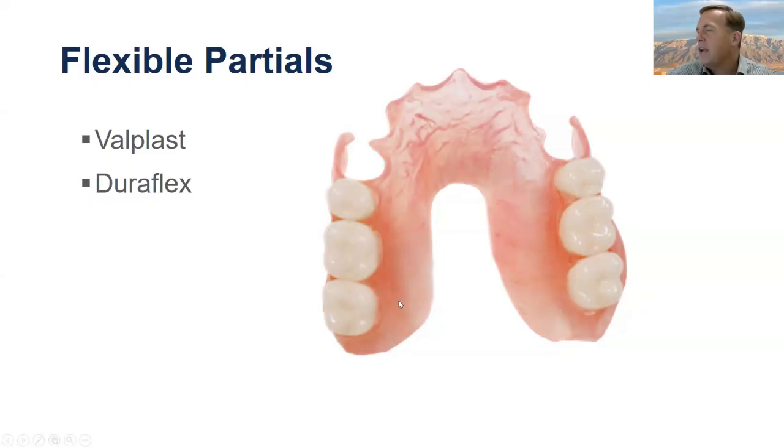And Valplast cannot be effectively repaired. Because it's nylon, nothing sticks to it. So the Duraflex, which is a newer material based on polypropylene rather than nylon, is a little easier to adjust. It gums up your burrs less, and it can be repaired.